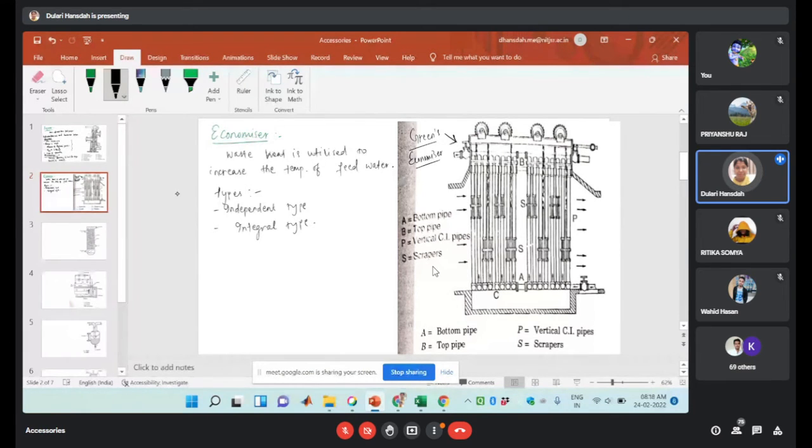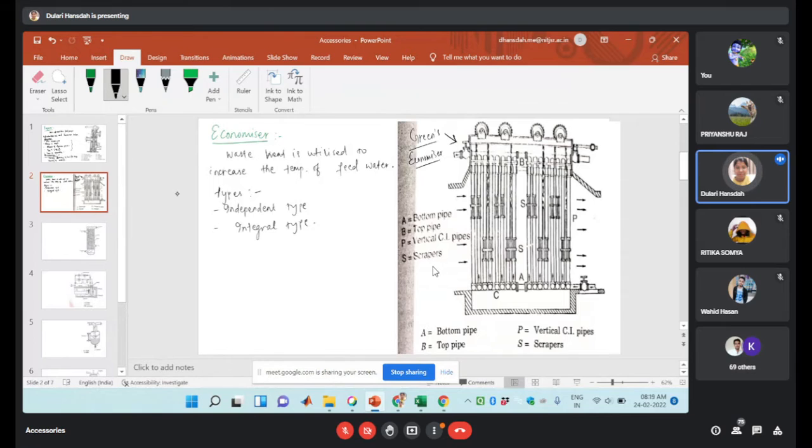It will be placed near the path of the flow, the passage of the flow of the gases.